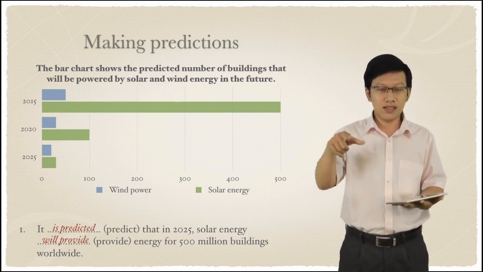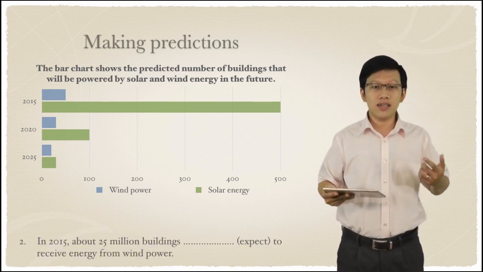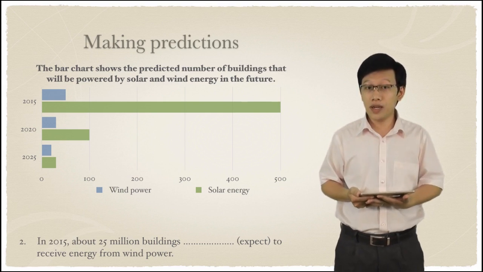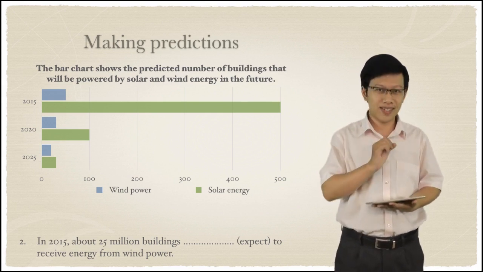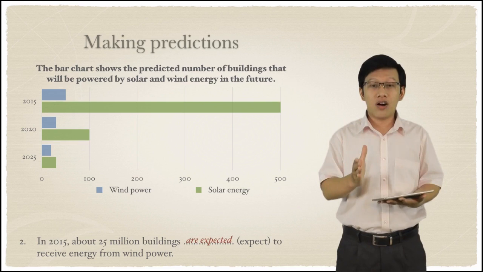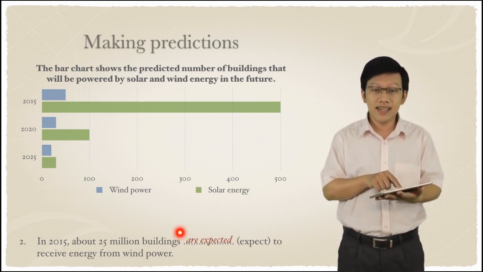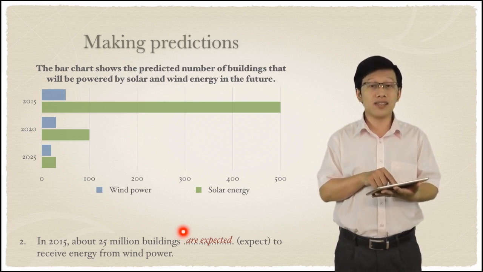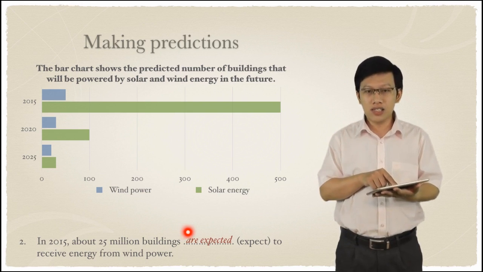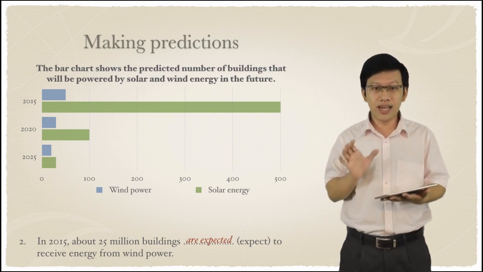It's predicted that something will something, alright? For number two, in 2015, about 25 million buildings. What do you think? Okay, are expected to receive. Now, if you don't want to say it is predicted, it is expected that it will receive, you can say is expected to receive. You use the verb immediately after the adjective.